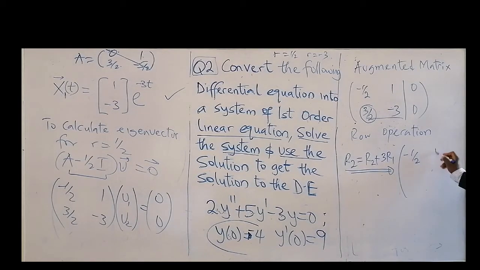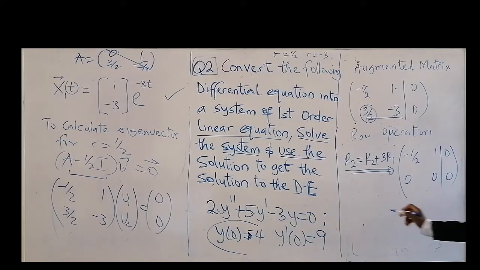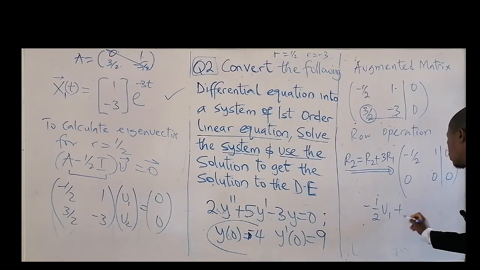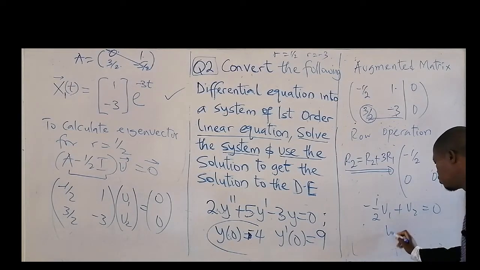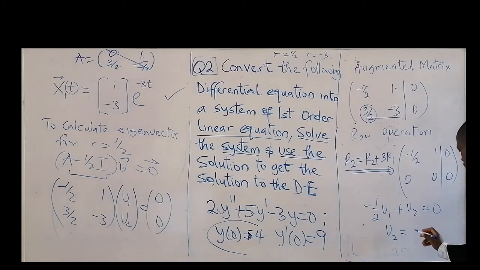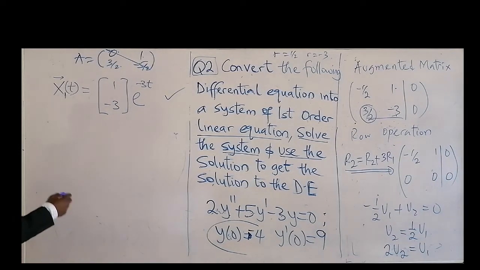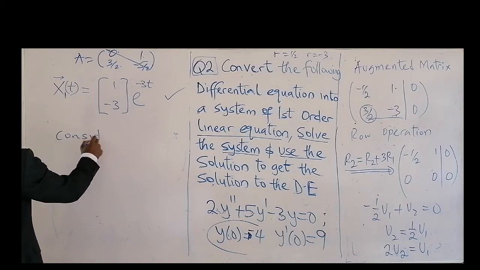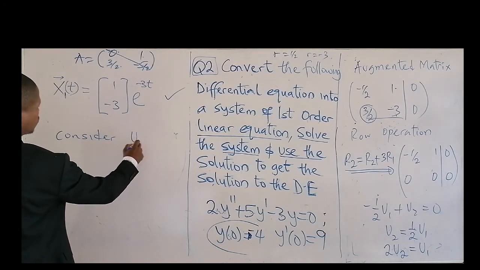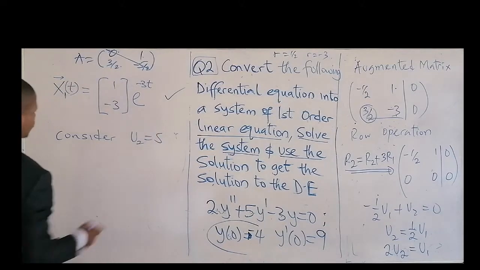So this is not changing. This becomes 0, and this one also times 3, and then you add it together, that's 0 also. So we now have minus 1 over 2 u1 plus u2 equal to 0. So u2 is equal to 1 over 2 u1. Then we multiply both sides by 2, so we have 2u2 equal to u1. So consider u2 to be x.